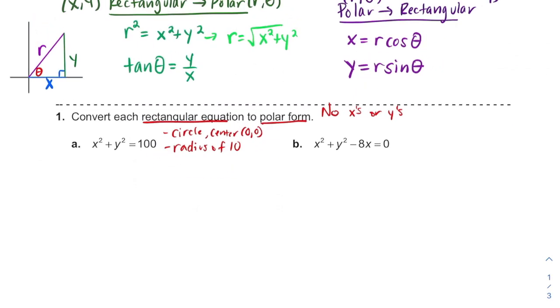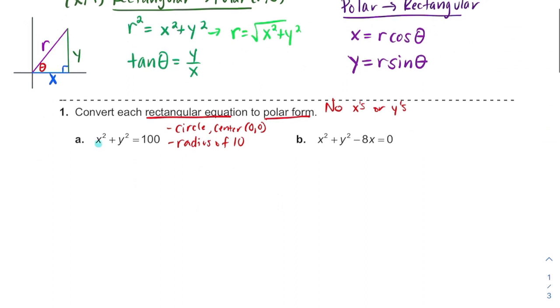So here's the idea. Our goal is to use the equations above and make replacements. What I want you to do is kind of like puzzle matching. Do you see something that follows a format that we can make a replacement with? Or we can also always go back to anytime there's an x, we could replace it with r cosine theta, and anytime there's a y value, we could replace it with r sine theta. Here's what I would like you to notice. x squared plus y squared feels familiar. We have seen this before. This shows up in the equation r squared equals x squared plus y squared.